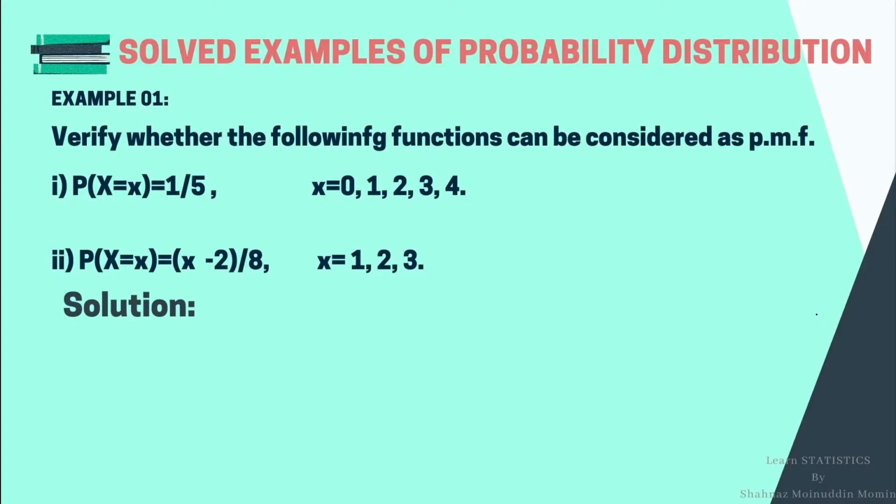The first one is probability of x equal to x is 1 upon 5 for the values of x: 0, 1, 2, 3 and 4. The second example is probability x equal to x is x square minus 2 divided by 8 for the values of x: 1, 2 and 3.